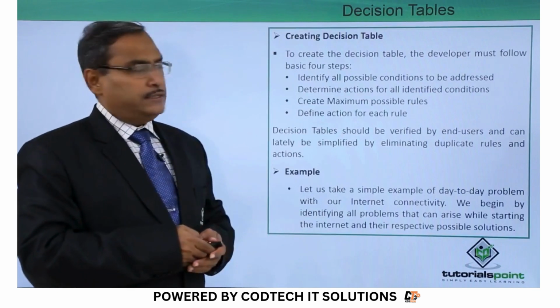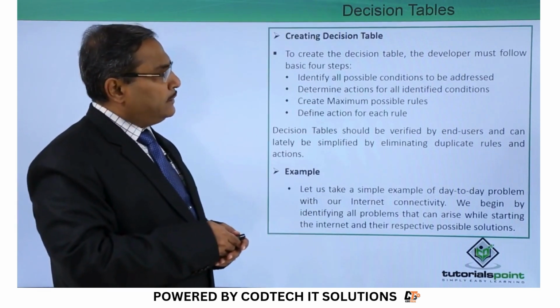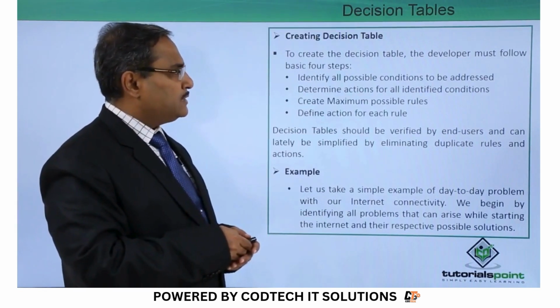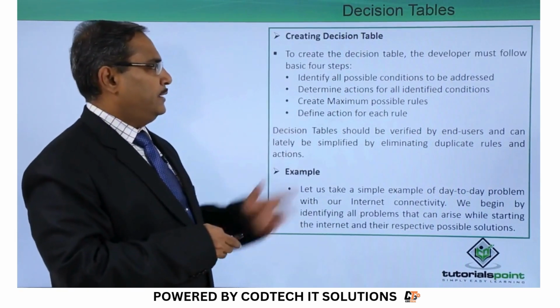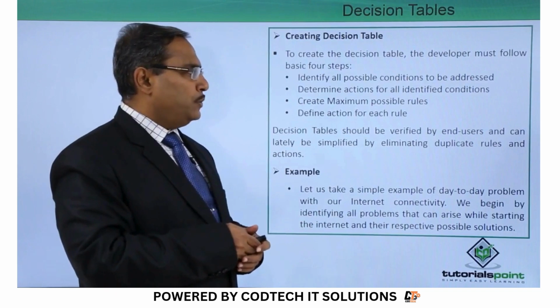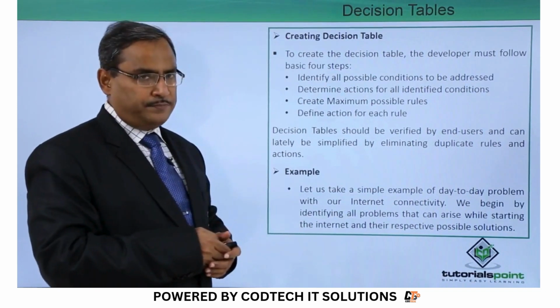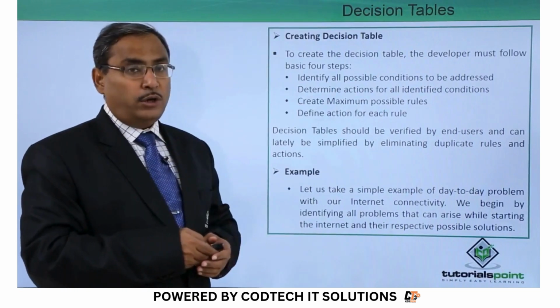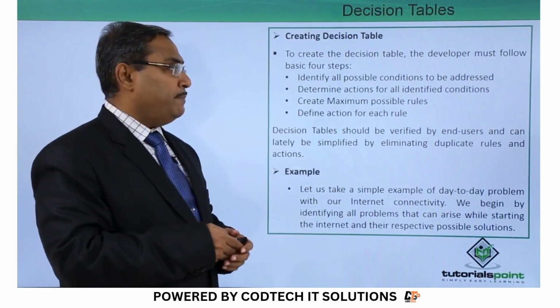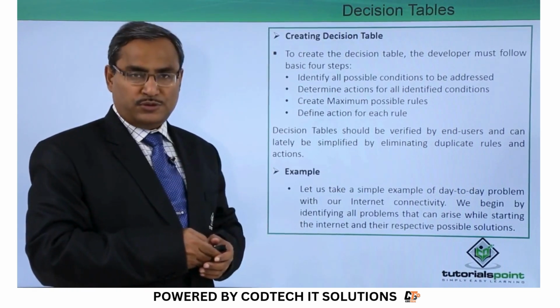So, creating a decision table. To create a decision table, the developer must follow these 4 basic steps. Identify all possible conditions to be addressed. Determine actions for all identified conditions. Create the maximum possible rules.